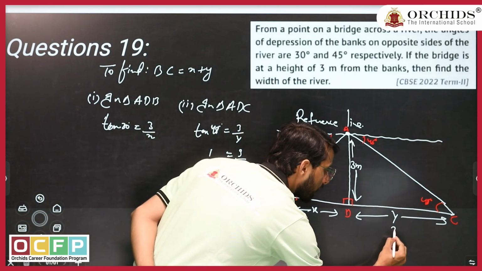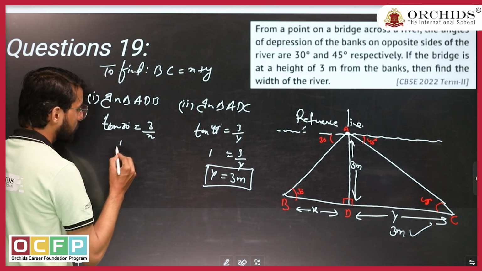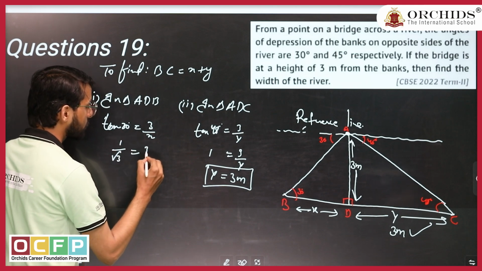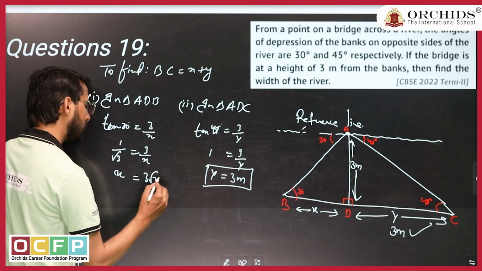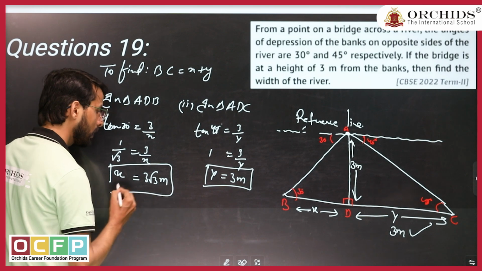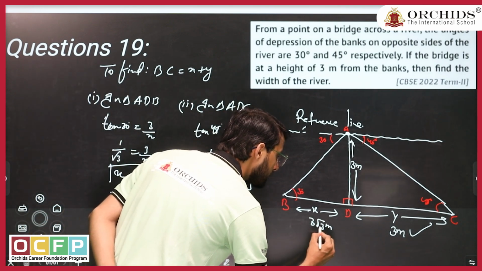Let's go for x. Tan 30 is 1 by root 3 is equal to 3 by x. So x is equal to 3 root 3 meter. So this also we got as 3 root 3 meter.